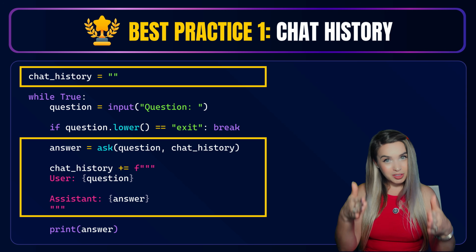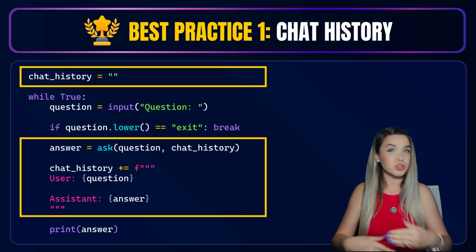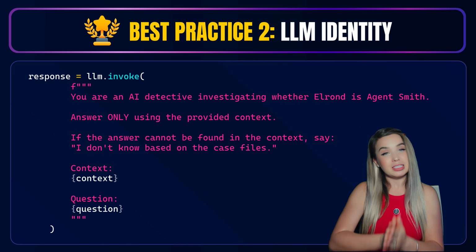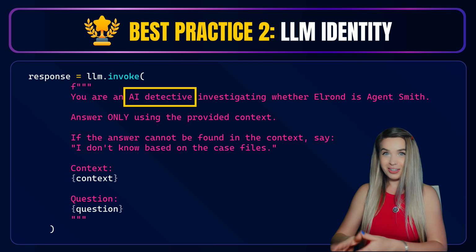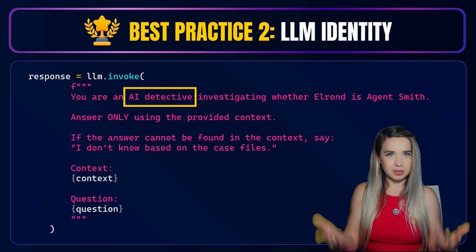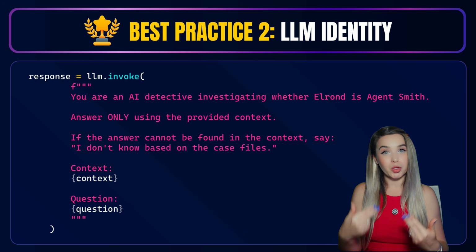It is up to us to ensure the model remembers not only the current question, but also everything that was discussed before. It is also important to give our model an identity. Is Quen an AI detective, a journalist, a lawyer, or maybe you want it to be the real Agent Smith? A simple instruction can dramatically change the way your model behaves.